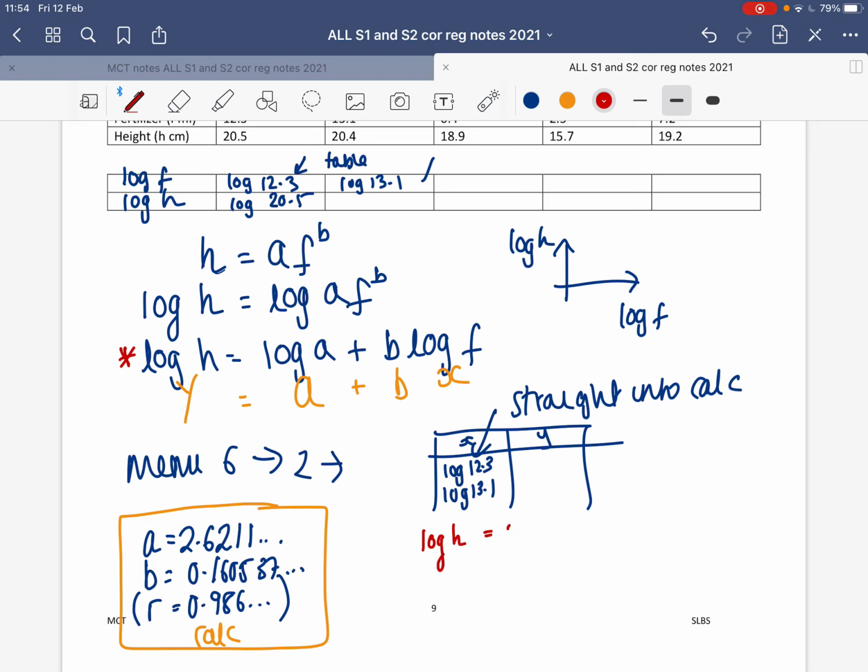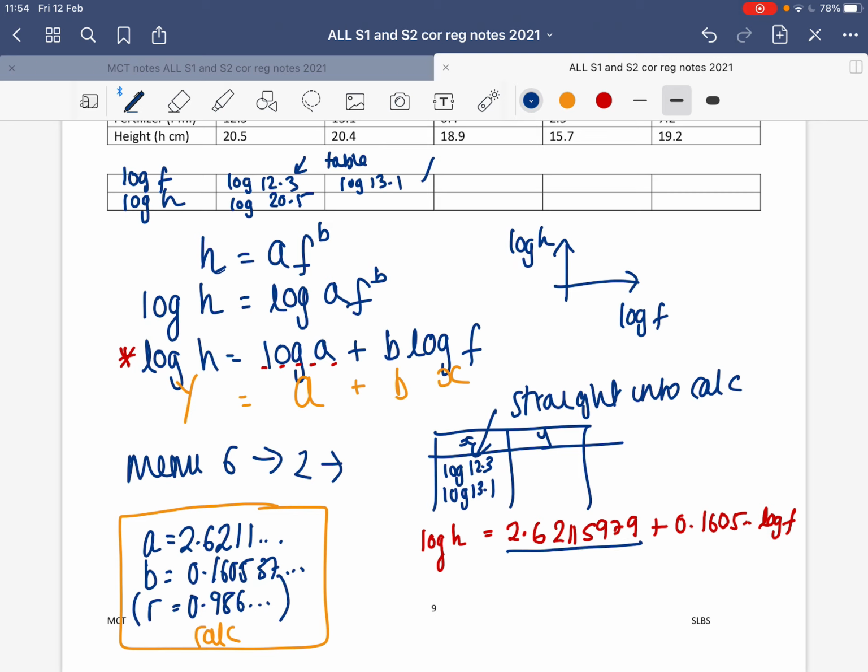So it tells me log h equals 2.62115979. That is the thing in this position here, plus 0.1605 blah blah log f.